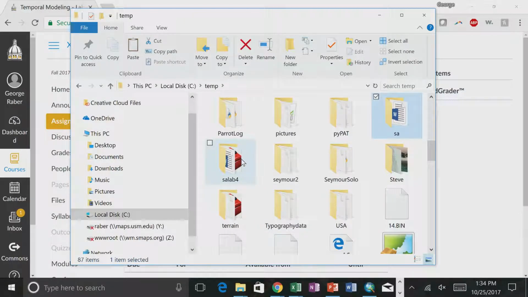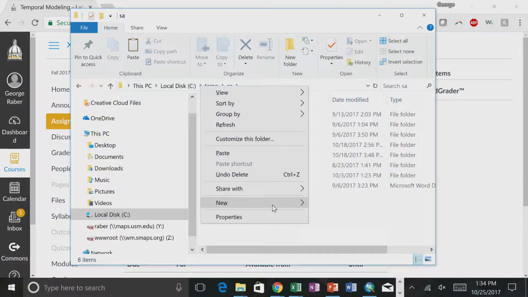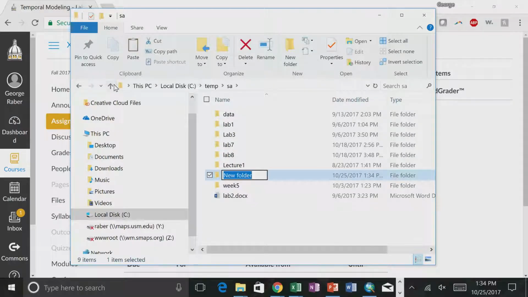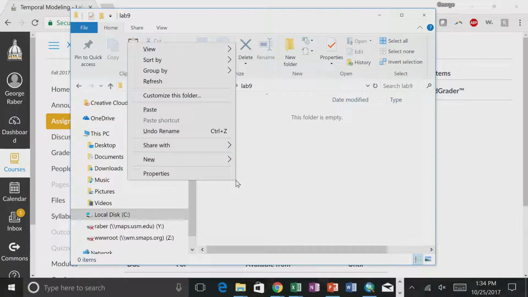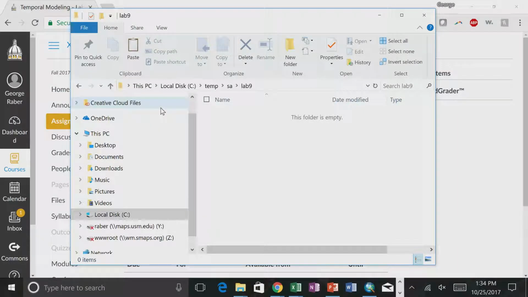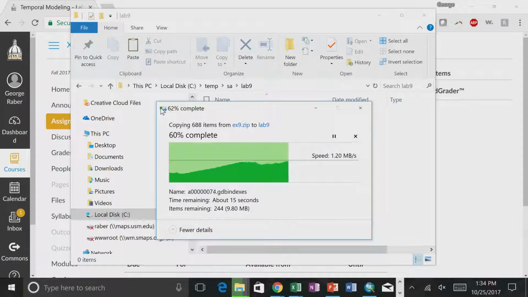C temp SA, and then I'm going to create a new folder called Lab 9. Call it temporal, I guess, too. Paste it in there. So make sure that you paste both the data, which will take a few more seconds than some data sets to copy. It's a lot of data. And the toolbox in there.